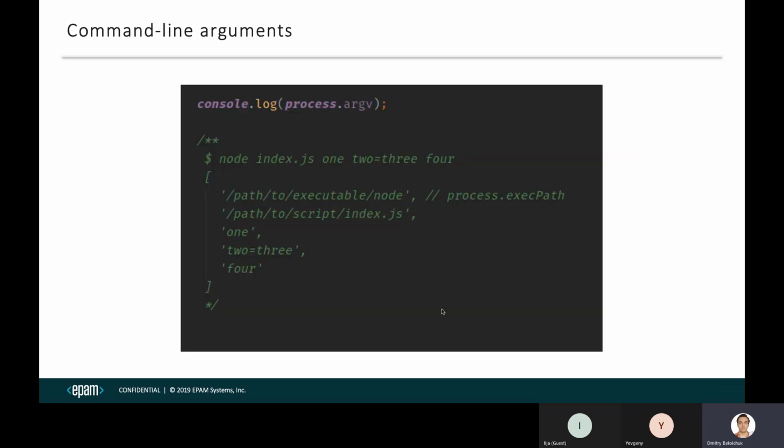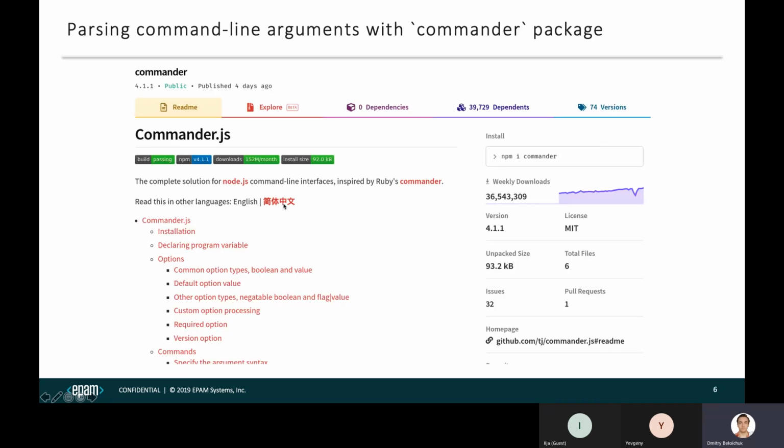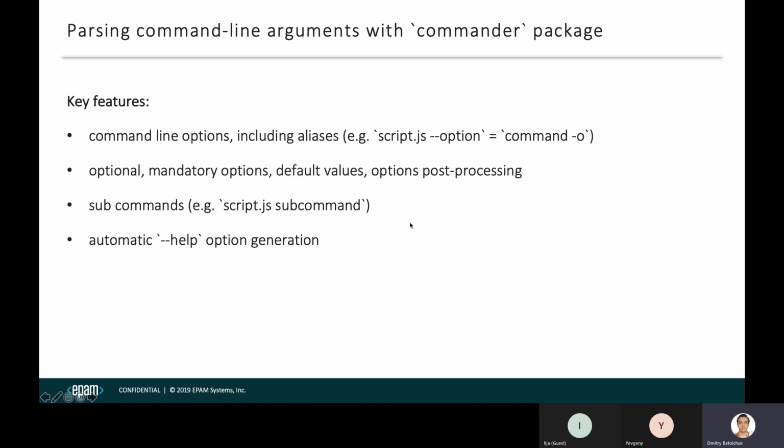So instead of knowing the intrinsic details of how the process works in Node.js, you just directly work with the interface instead. So key features of the Commander package: it has options as well as aliases to avoid typing the same information again and again.